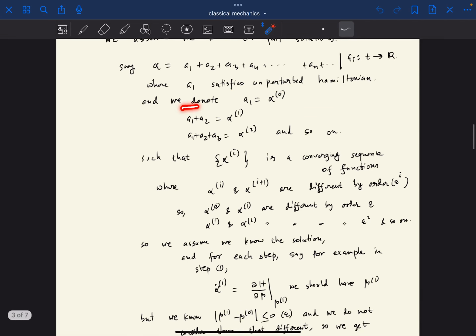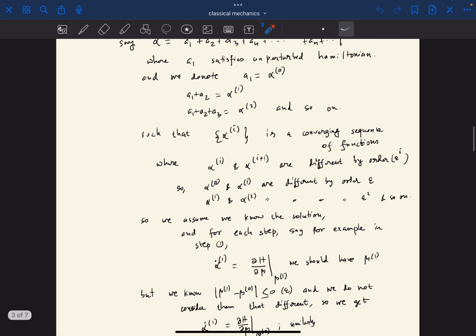We denote alpha 1 as alpha superscript 0, alpha 1 plus alpha 2 as alpha superscript 1, alpha 1 plus alpha 2 plus alpha 3 as alpha superscript 2, and so on, such that this sequence of alpha superscript i is a converging sequence of functions. What do I mean by that? I will come to it later.